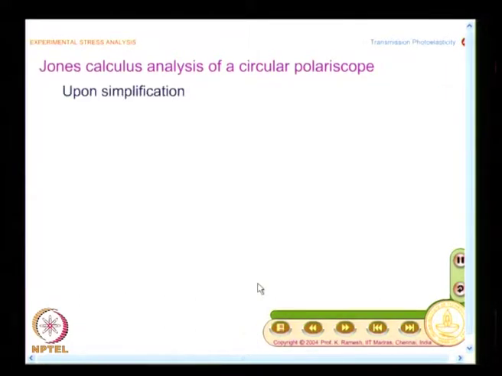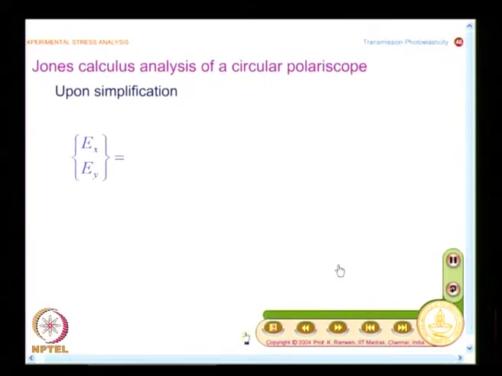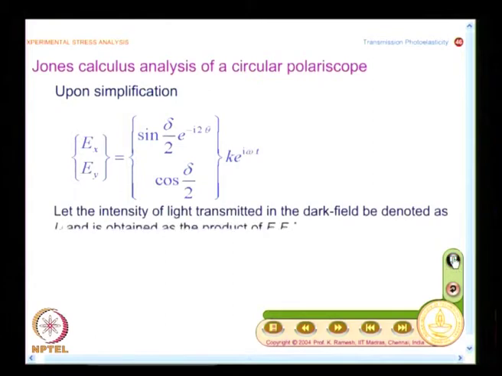So, what I have here is, upon simplification, I get the expression in this fashion. I have sin delta by 2 and cos delta by 2. So, I will have the expression for dark field.